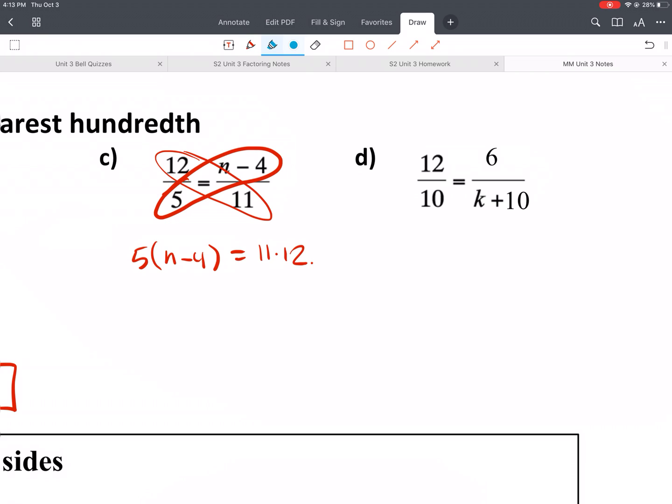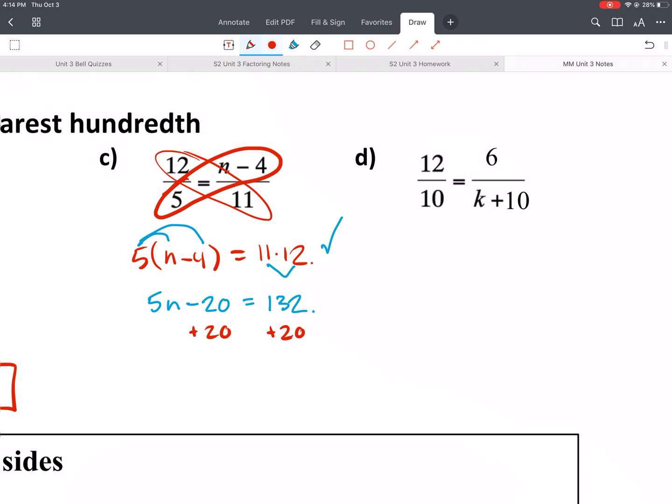So we talked about these types of problems in our last unit as well. If we needed to solve for n, this would be like a multi-step equation. We would need to distribute. That gives us 5n minus 20 equals, and then we multiply 11 times 12, which gives us 132. Our next step would be to add 20 to both sides.